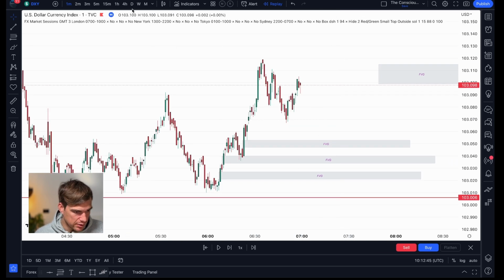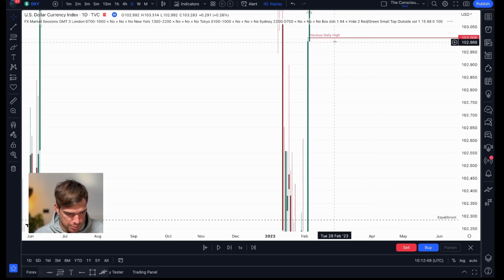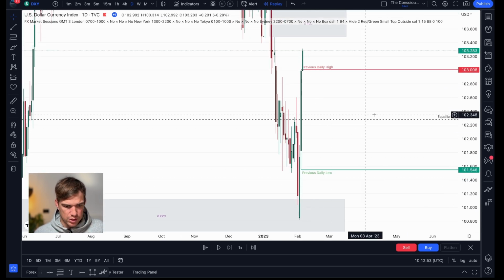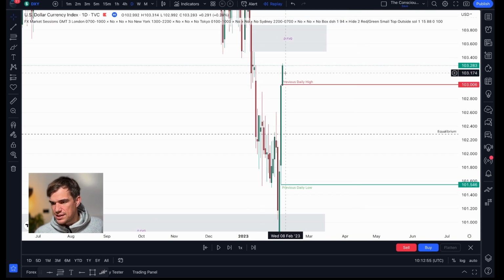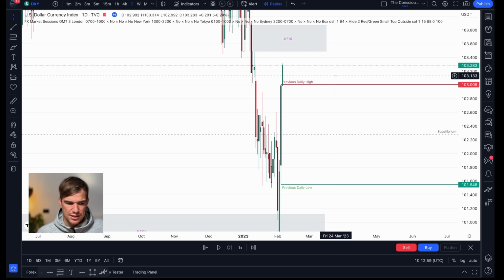Straight away, we're going to go onto the daily. And as always, we put the previous daily high, the previous daily low, and the equilibrium. So what area is the price now in? It's an extreme premium price.